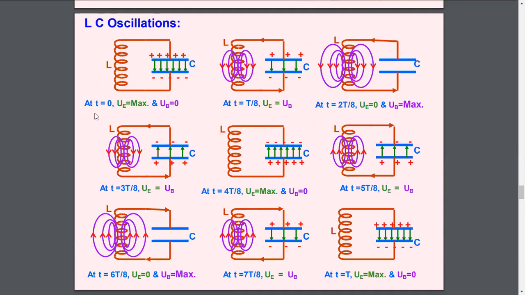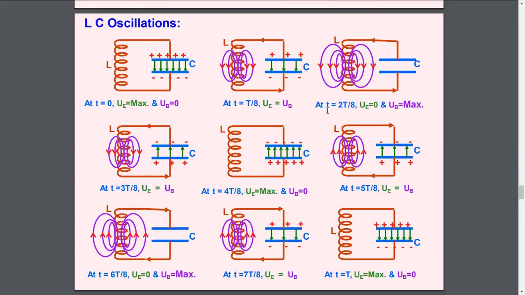And at time t equal to 0, the total energy across the inductor, that is the magnetic energy, is 0. As time passes, at time t equal to T by 8, where capital T is the time period, the electrical energy just becomes equal to the magnetic energy.